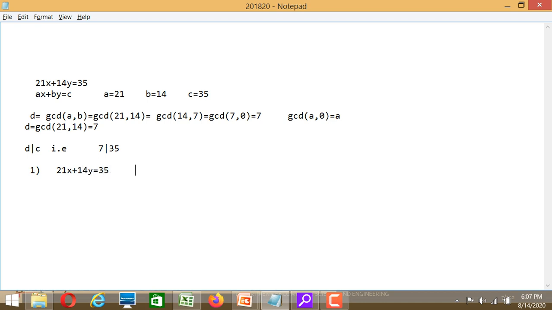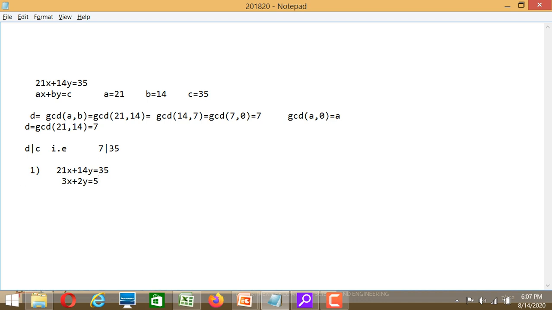After dividing this by 7 on both sides, 7 3s are 21, that means 3x plus 2y is equal to 5. 7 5s are 35. This is the new equation after dividing the given equation by 7 on both sides.